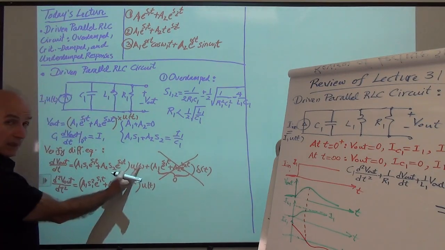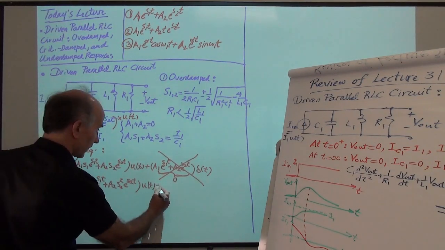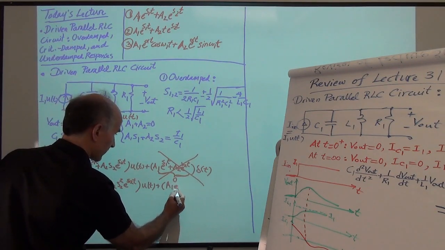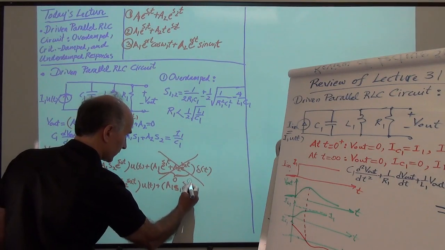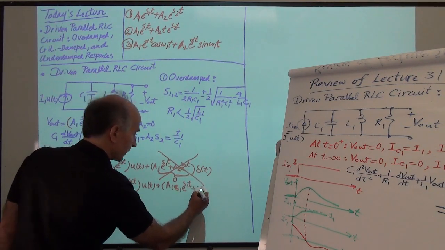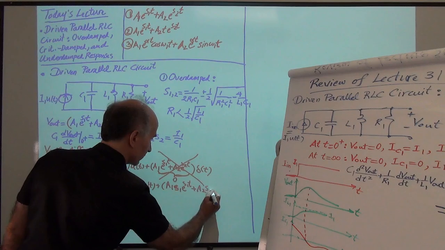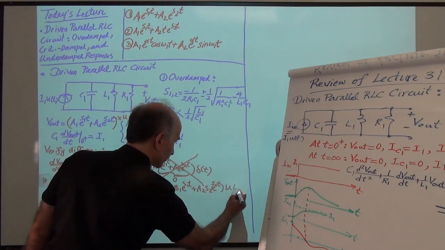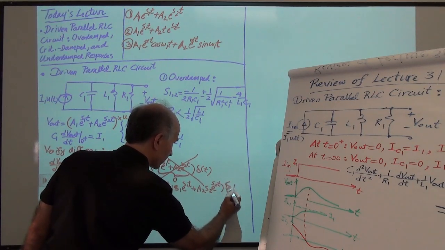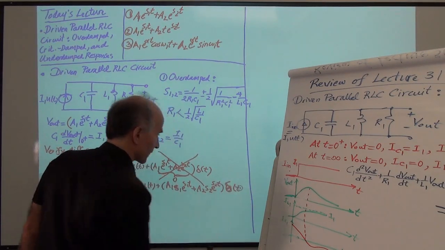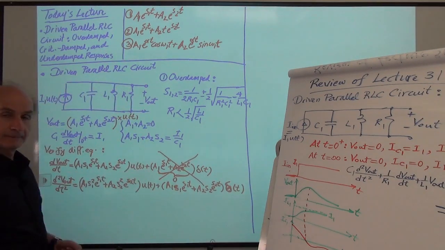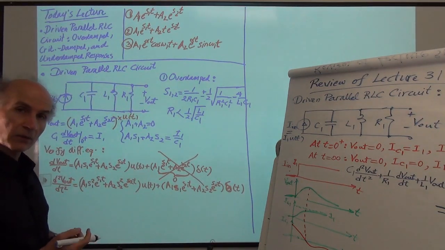And then we have the derivative of this times this. So plus a1 s1 e to the s1t plus a2 s2 e to the s2t times delta of t, because I'm taking the derivative of the step. So derivative of this times that. All right, so far so good.